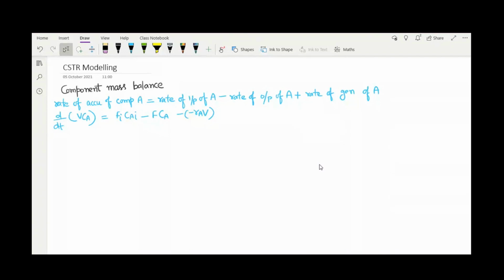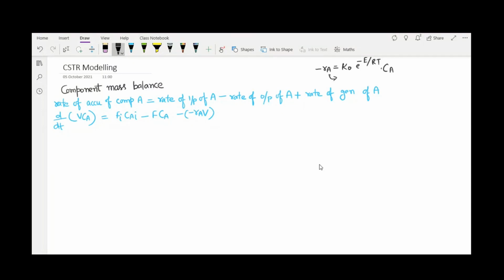This minus Ra is K naught e raised to the power minus E by RT into Ca. Ca is the concentration, and minus Ra is exactly the rate of reaction.